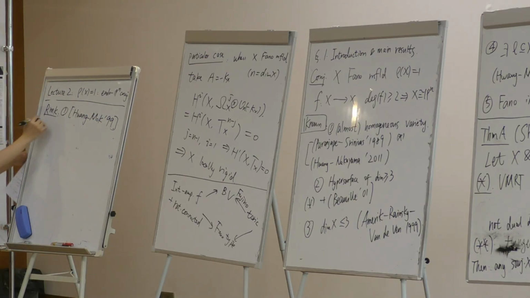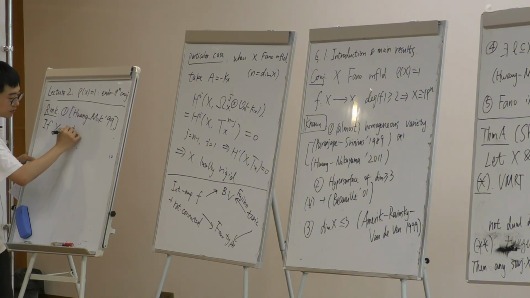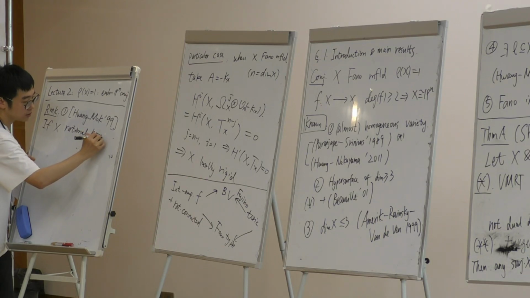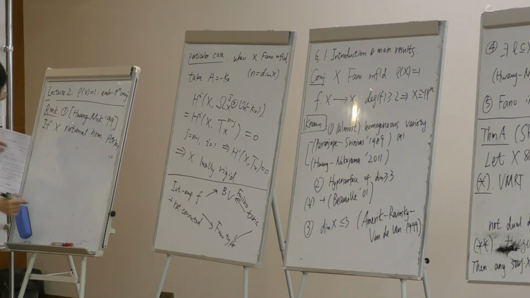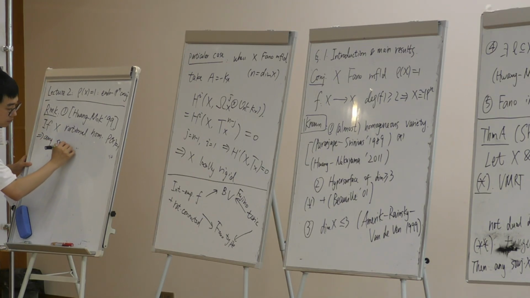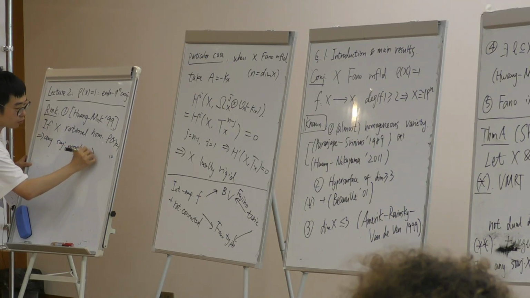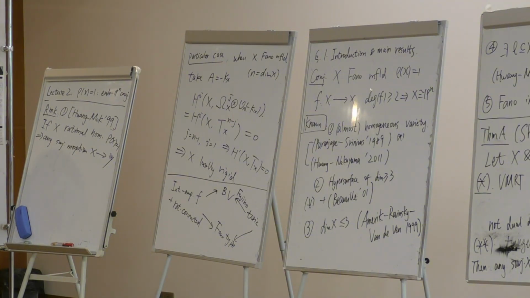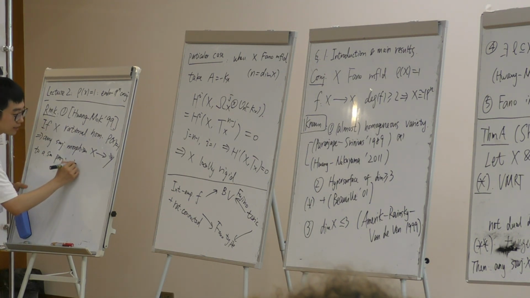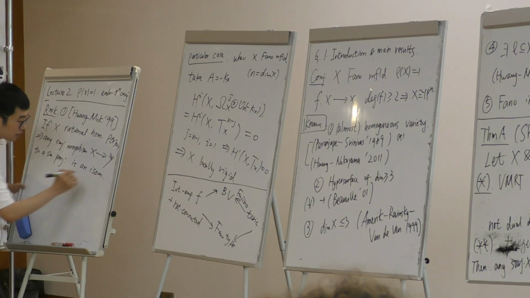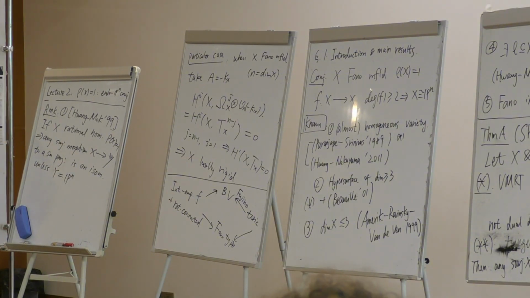Their theorem says that if X is rational homogeneous of Picard number 1, then any surjective morphism from X to a smooth projective variety Y is an isomorphism, unless Y is projective space.